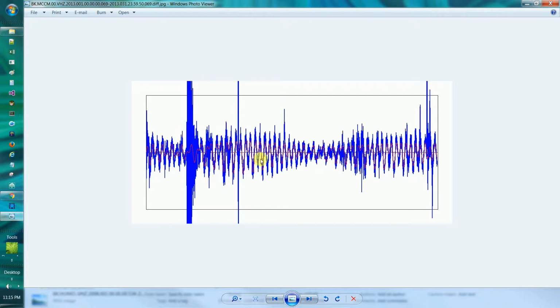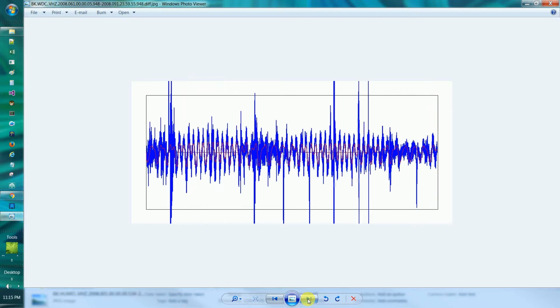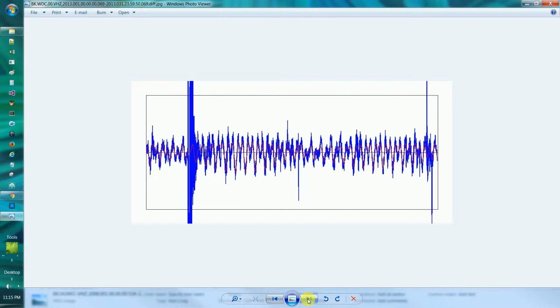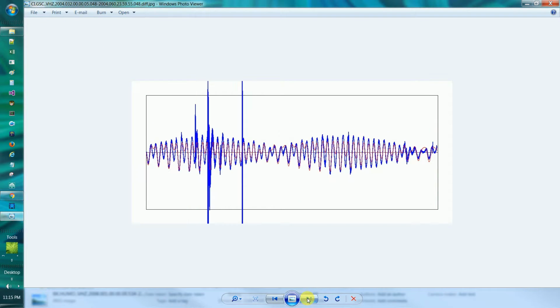Some you can see they're kind of the red in here. If you can see it in there, is what I call the sun-moon signal, or lunar solar signal, the gravity signal at the Earth because of the sun and the moon, or at an Earth station because of the sun and the moon. And these seismometers, we're looking at the vertical, the Z component of it, and most of them are rather noisy, as you've seen so far.